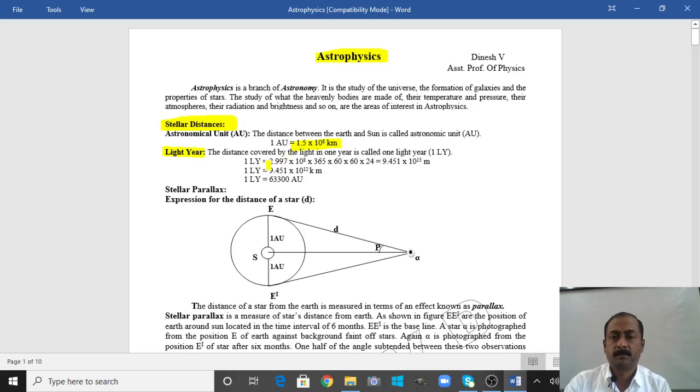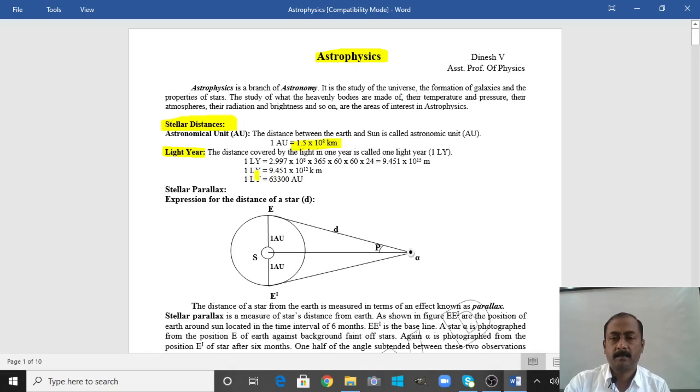Here, the velocity of light is 2.997 into 10 to the power of 8 into 365 days into 24 hours into 60 minutes into 60 seconds, which on calculation we get 9.451 into 10 to the power of 15 meter.